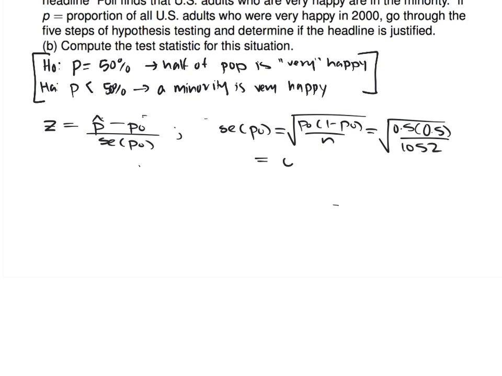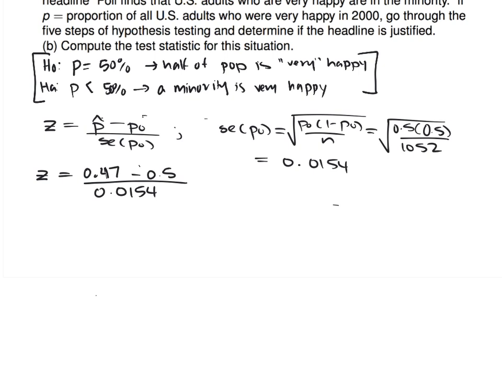That comes out to be 0.0154. So our z statistic is 0.47 minus 0.5 over 0.0154.